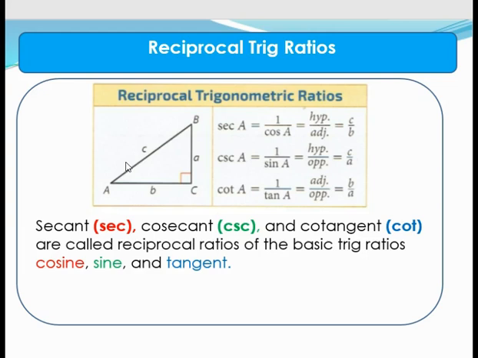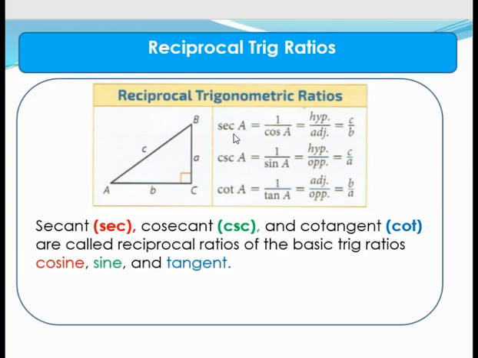This is something you'll want to have on your notes. This table is similar to a table I gave you at the beginning of chapter 12, so you might want to add these on the same page. Now, each one of our original trig ratios, which was sine, cosine, and tan, has a reciprocal ratio.